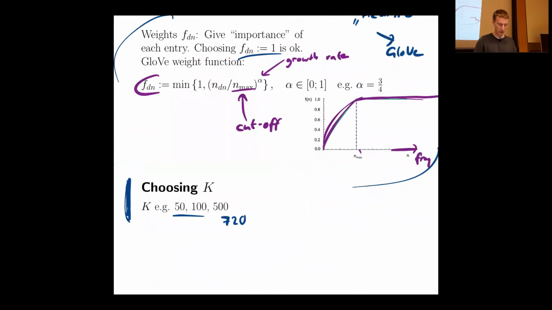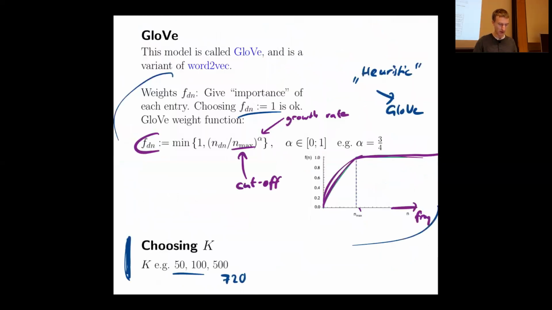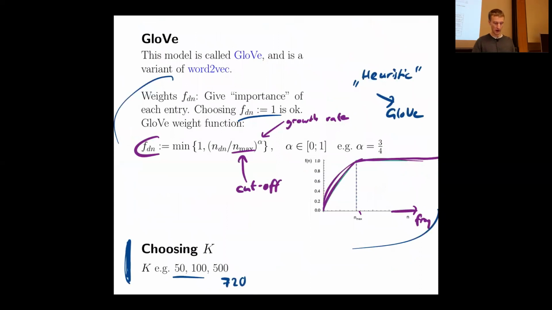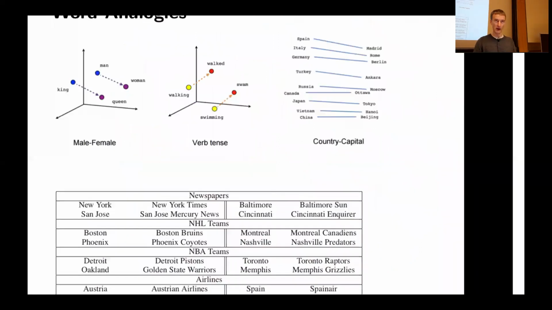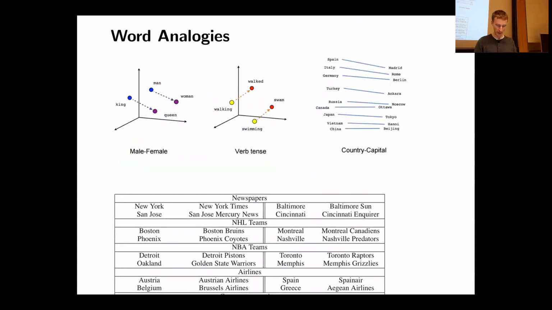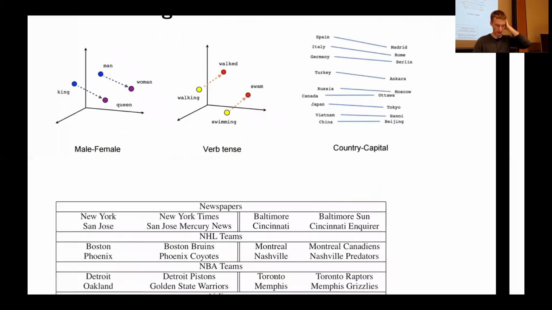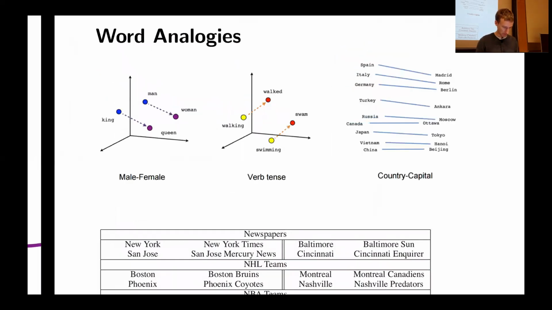Okay, now why is this cool? So I mainly just gave you the math and how the algorithm works and input and output and so on. So now we have these word vectors. Why are they useful? Why are they better than what we had before when we just had a bag of words? Some things that you probably have seen are some of these analogies.